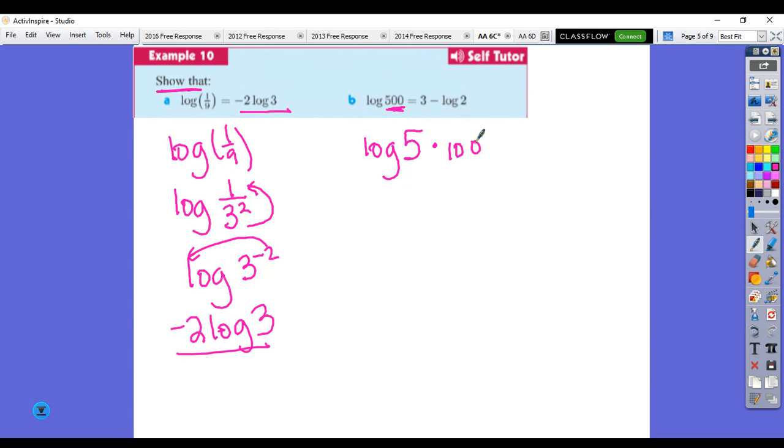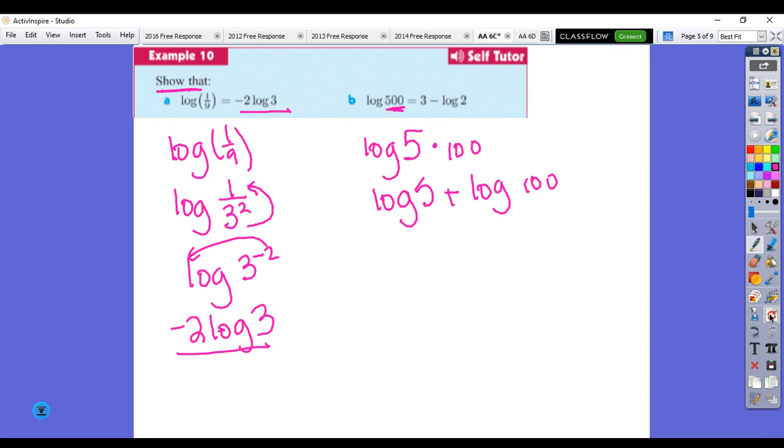All right, and we're going to kind of play with this a little bit. And let's see if this is what we want. That would give me log of 5 plus log of 100. Okay, right away, I can see this isn't what I want because this is adding and this side's subtracting. So we got to rethink. This isn't what I want. And this would give me log 5 and this would give me 2. So nothing is on the right track.